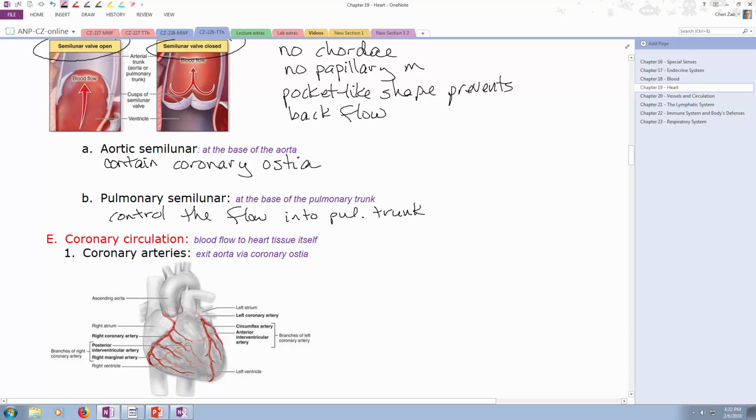We have 3 flaps, or cusps. And the aortic valve controls flow into the aorta. Now, what if they become scarred?